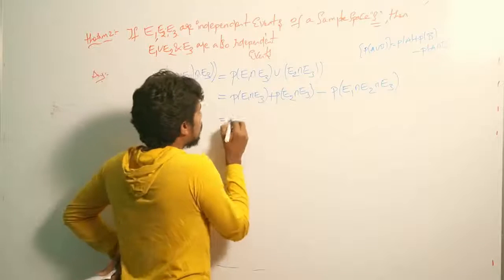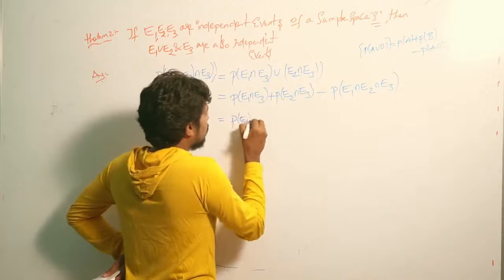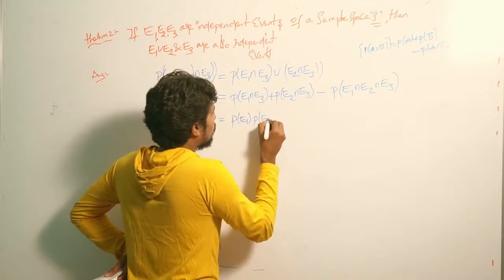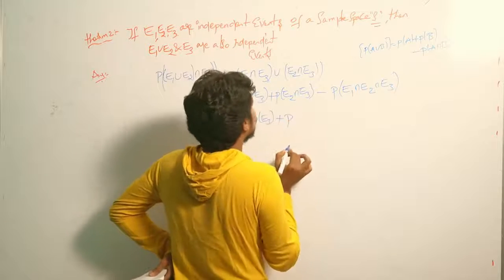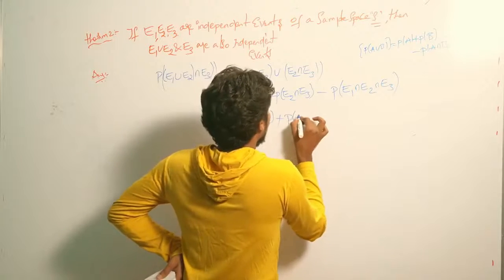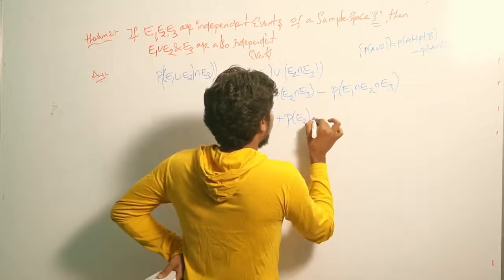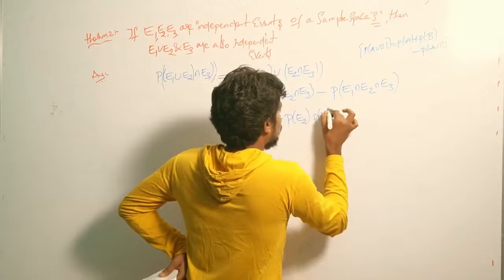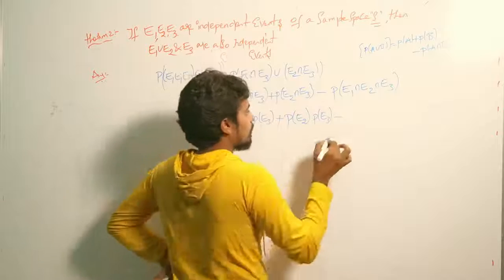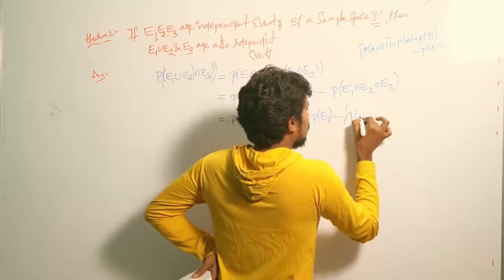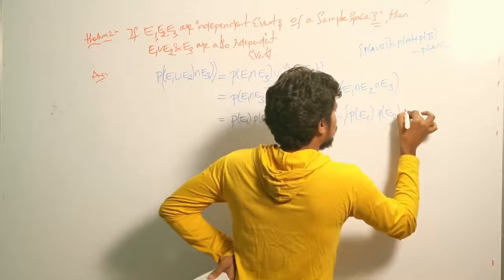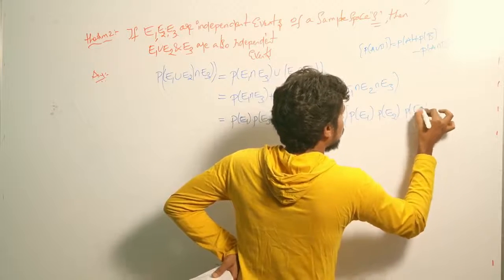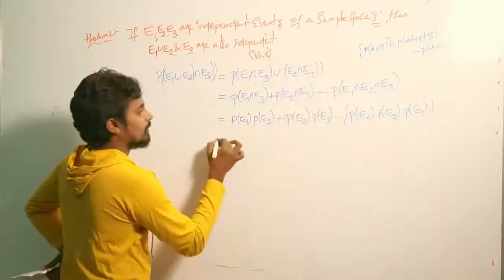Here this will be P of E1 dot P of E3 plus P of E2 dot P of E3 minus P of E1 into P of E2 into P of E3.